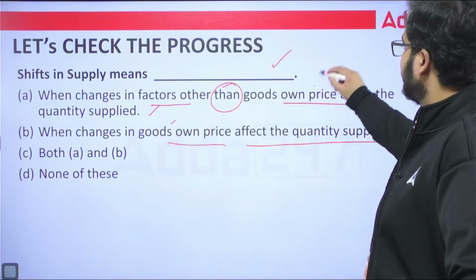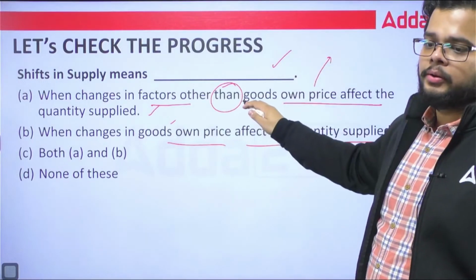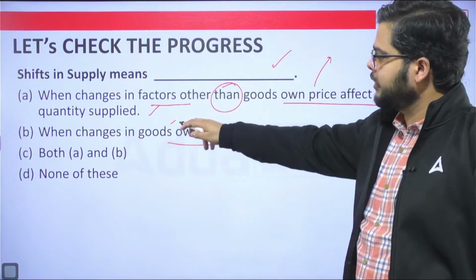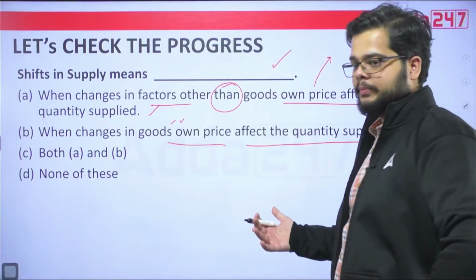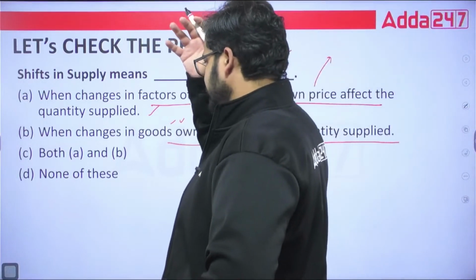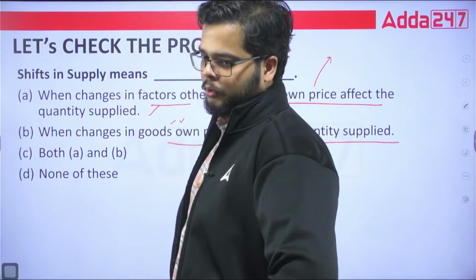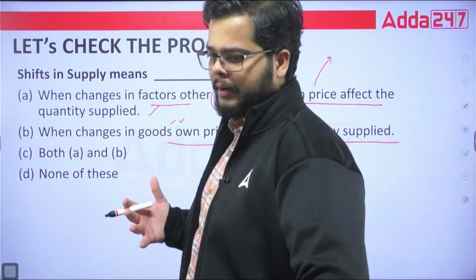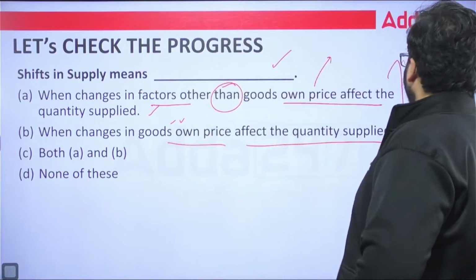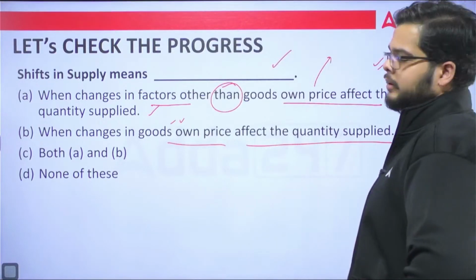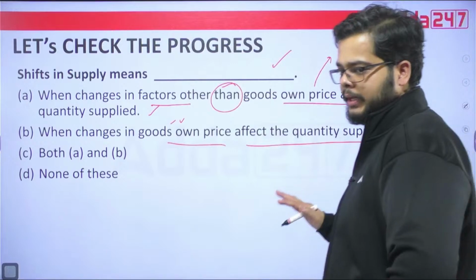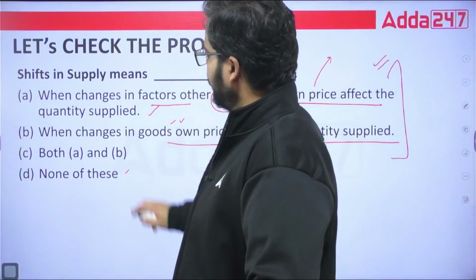One says apart from the goods, the other says for the goods. C says both statements are correct, but these are two contrasting statements, so both cannot be correct. Finally, it says none of these.